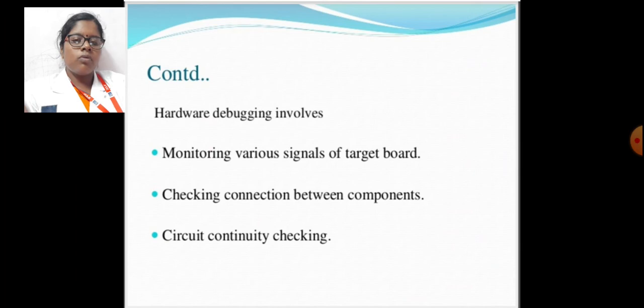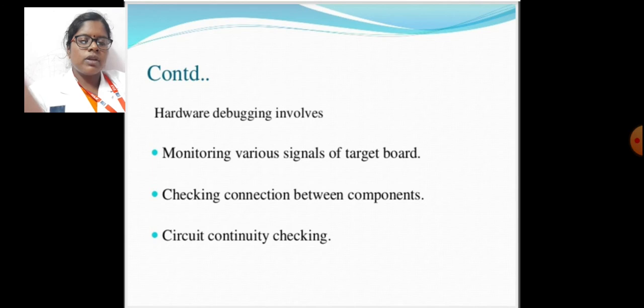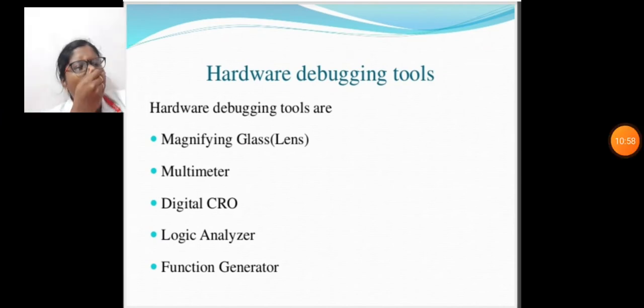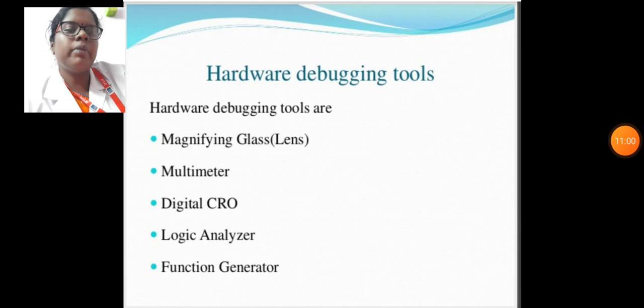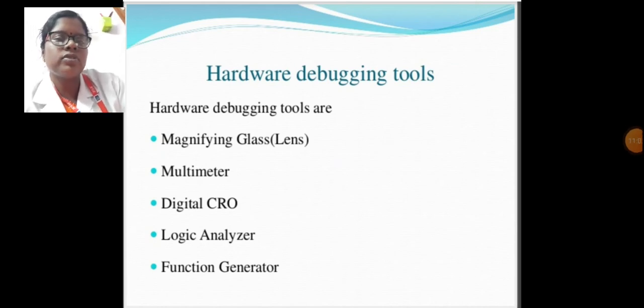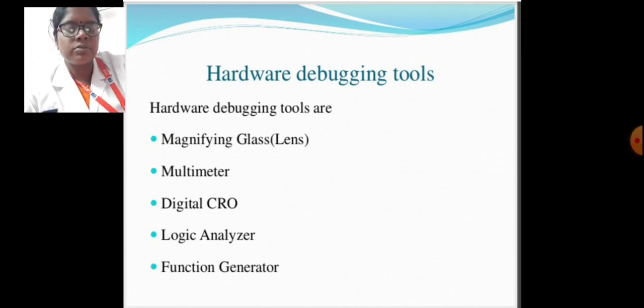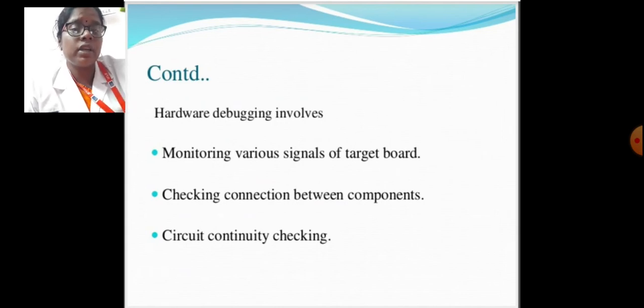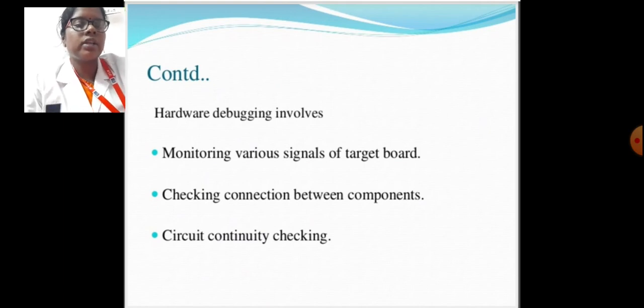Hardware debugging involves monitoring various signals of the target board, checking connections between the components, and circuit continuity checking.